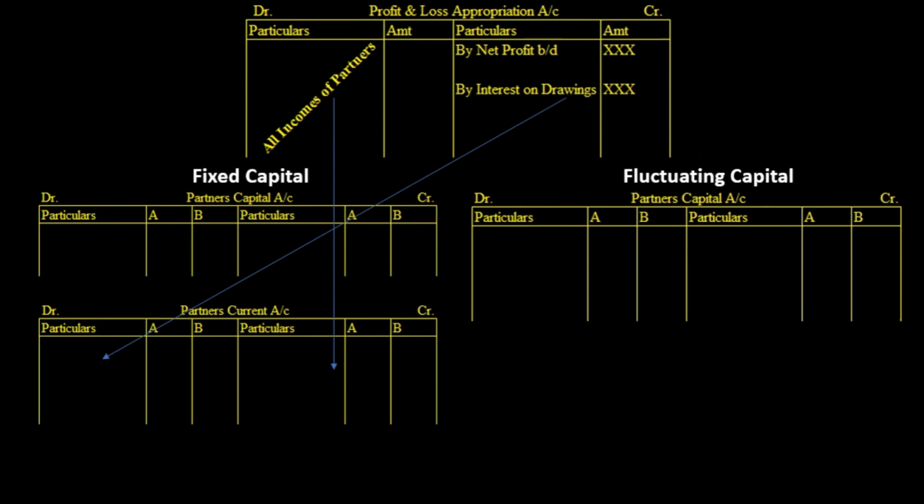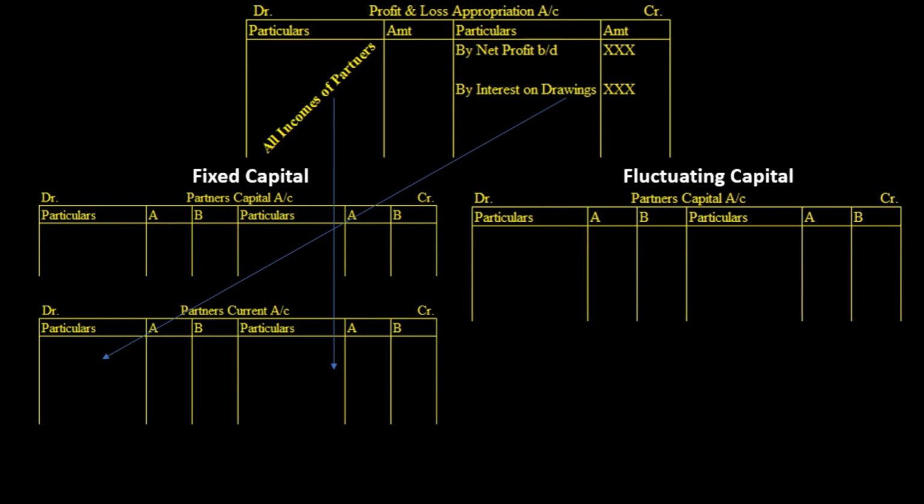Similarly, the interest on drawings will be recorded on the debit side of partner's current account, right? So this is how profit and loss appropriation items are posted to partner's current account.